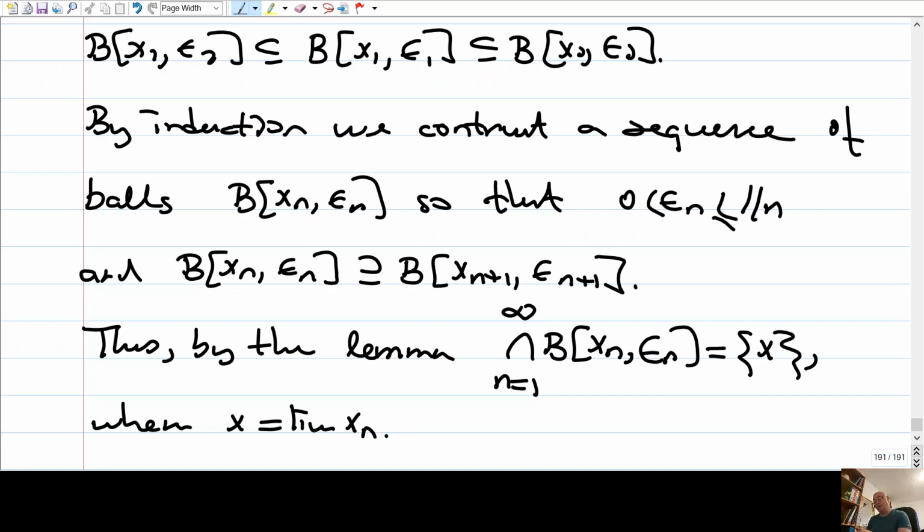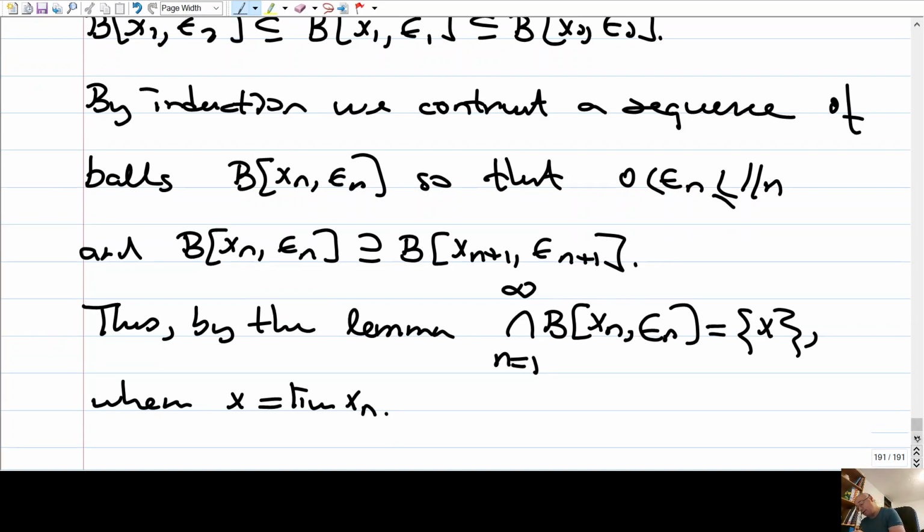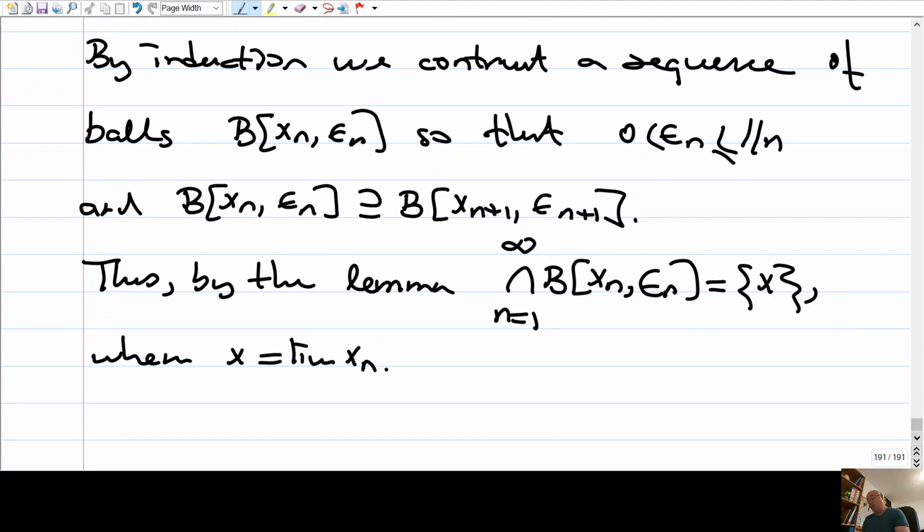So the lemma says that this sequence is convergent. Moreover, the intersection of these balls is just x. Okay, but this will lead us to a contradiction real quick.